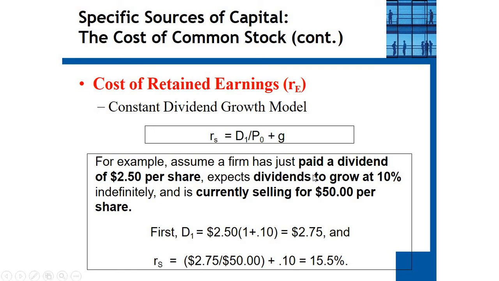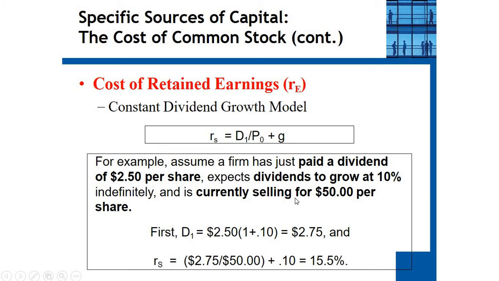Here is the example. A firm just paid a dividend of $2.50 and the growth rate of the dividend payment is 10%. So next year's dividend payment should be 2.50, the recent dividend payment, times 1 plus 0.10, equal to $2.75. So D1 is equal to $2.75.